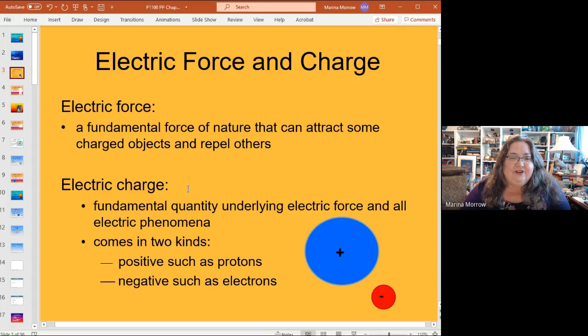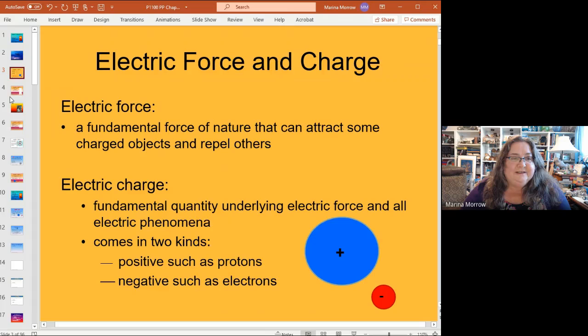Now, electric charge is called a fundamental quantity. It's something that you can describe an object by, just like we were describing elements by their density. The charge is one of the fundamental ways we describe particles. So it comes in 2 kinds, of course: positive particles, such as protons; negative, such as electrons.